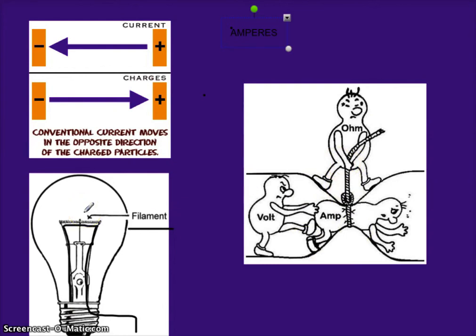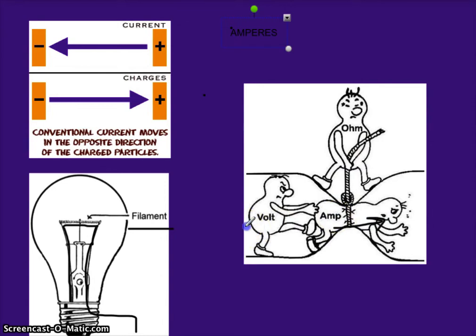The current flow sometimes causes electrical devices to become hot. You actually have a measurement of resistance, and it's in ohms. So here you have this guy here that is resisting the flow of the current. Remember, the current is the amperes.